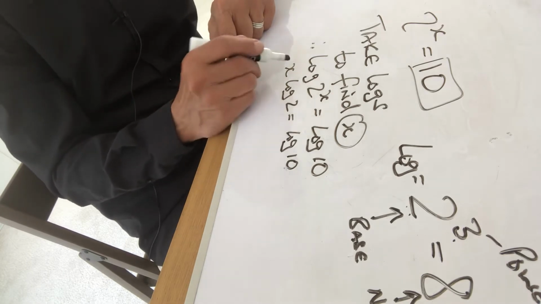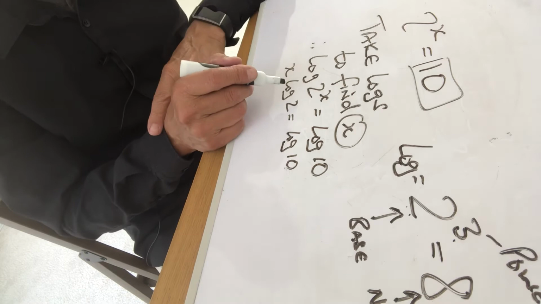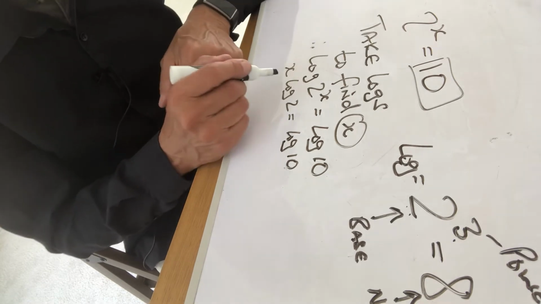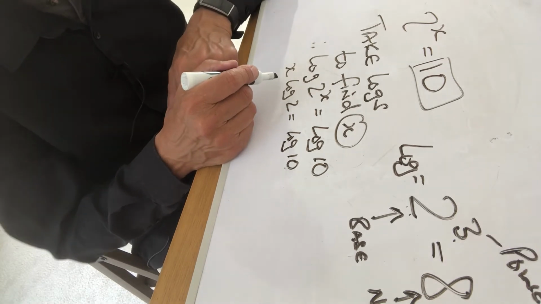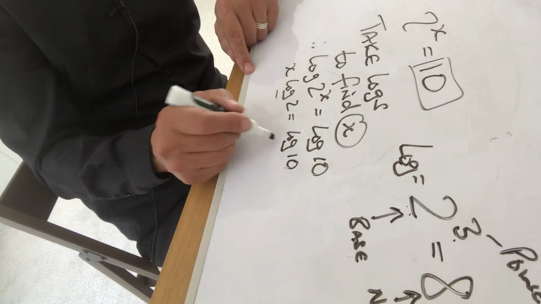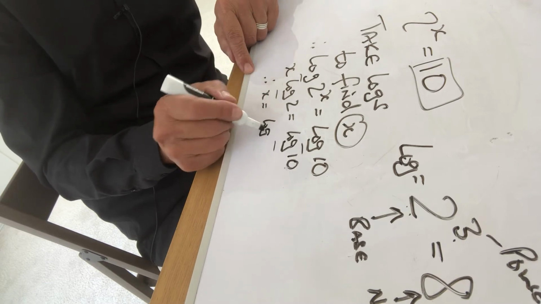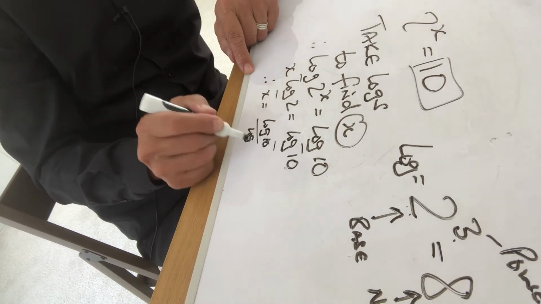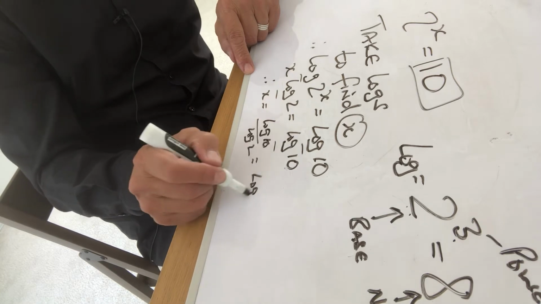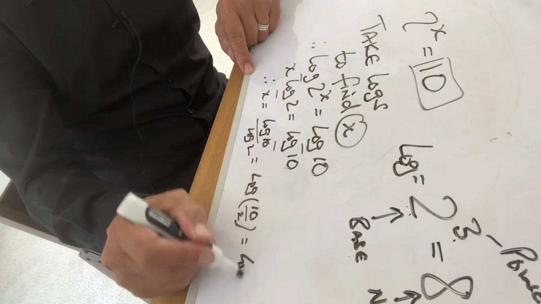In fact, the log laws are just the exact opposite of the exponent laws I shared in my other video called Exponential Functions Simplifying. And so what I do is I take logs on both sides, as you can see there. Therefore, x is equal to log 10 over log 2.